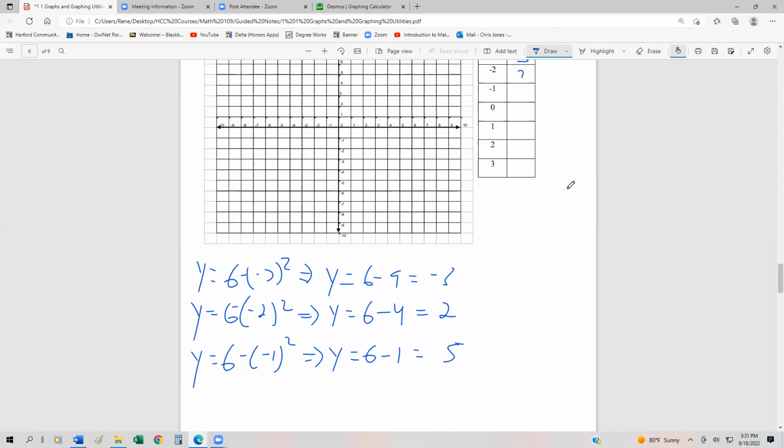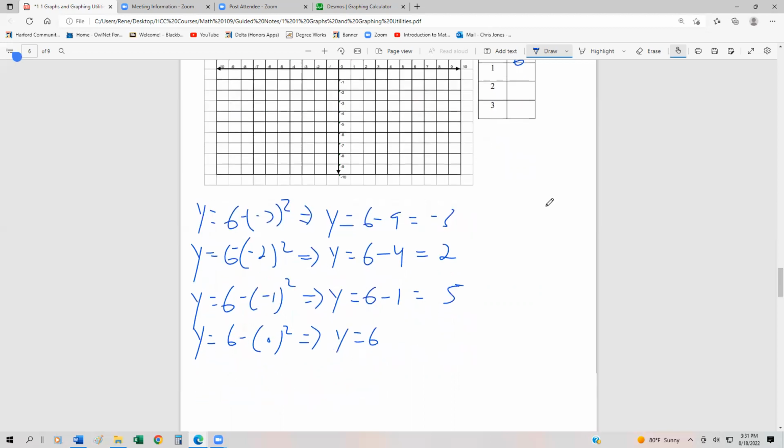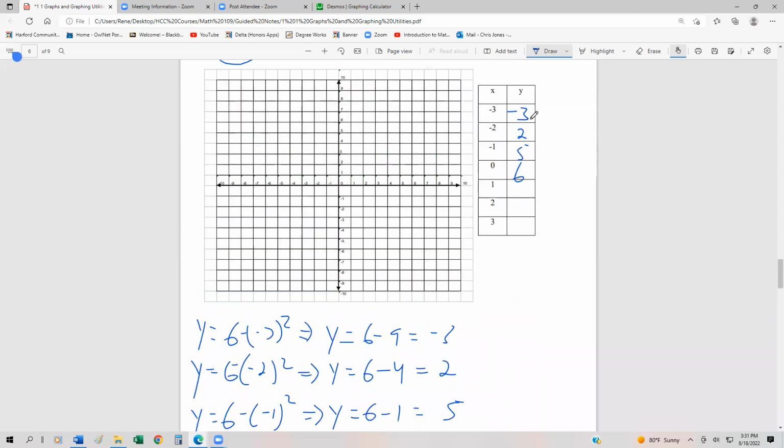So we have a 2, and we have a 5. And then if we plug in 0, 6 minus 0 squared, well, clearly that's just going to be y equals 6. All right. But then once we start plugging in 1, 2, 3, notice it looks like it's going up. Now it's not going up by the same value because it's not a linear expression.